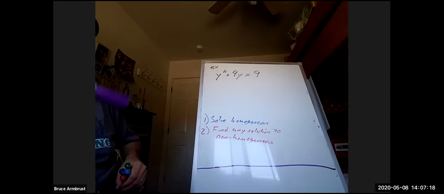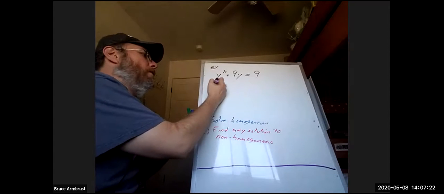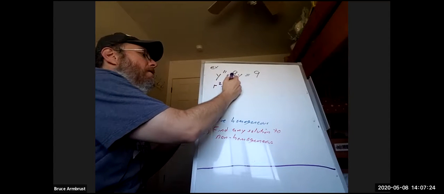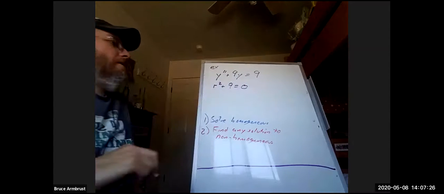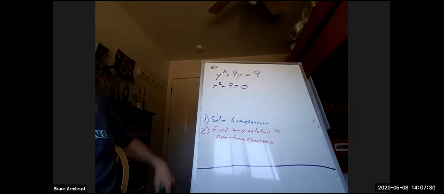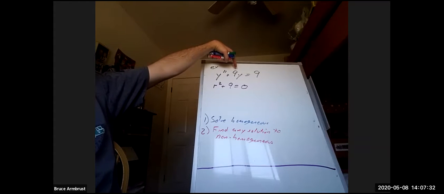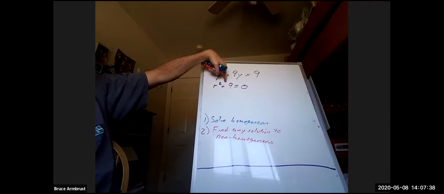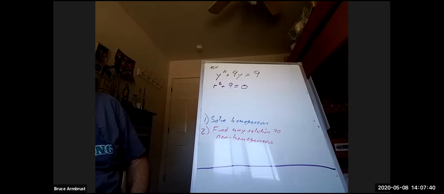So we're going to start by solving the homogeneous portion. So if this was equal to 0, we would create our polynomial that in this case is going to look like r squared plus 9. Notice that there's no y prime. So since there's no y prime term, there is no r term in our polynomial.